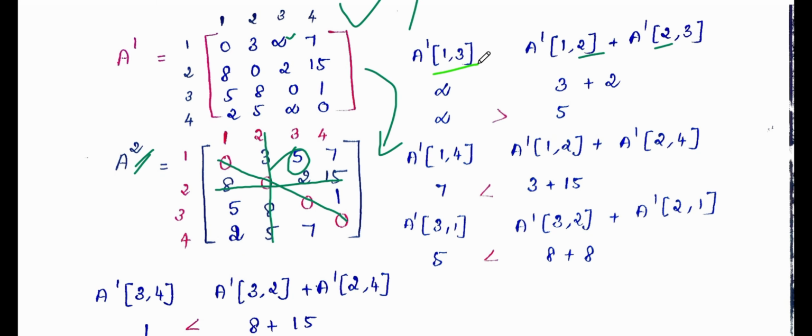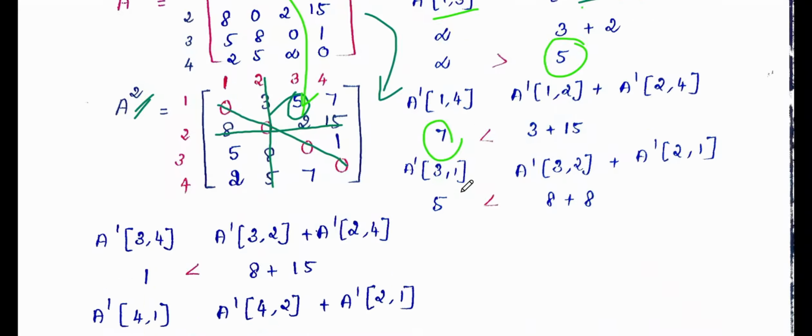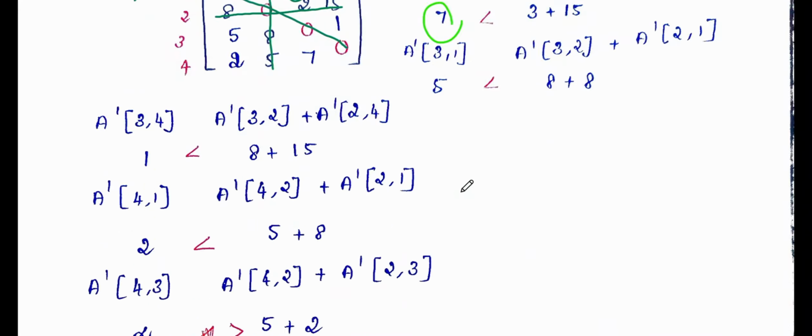So this is direct, this is through the intermediate node 2. The concept is clear. So which one is minimum value? 5 is minimum value. Then update this infinity with 5. Then next is 7. Then you find like this. This value is highest, so keep the previous value as usual. Likewise you update the values.